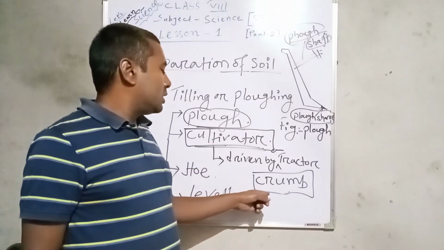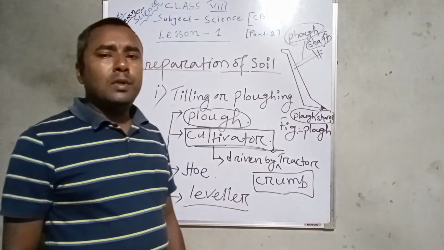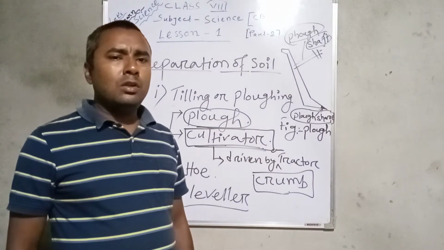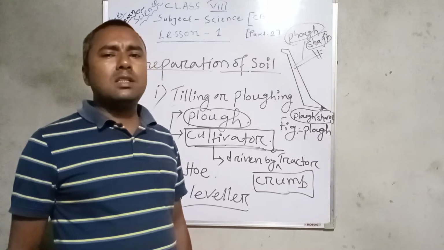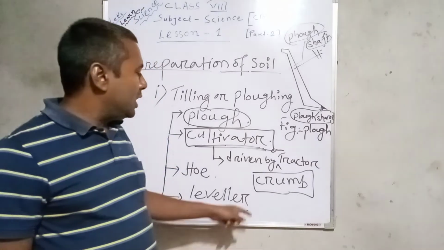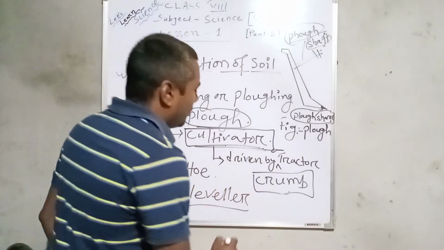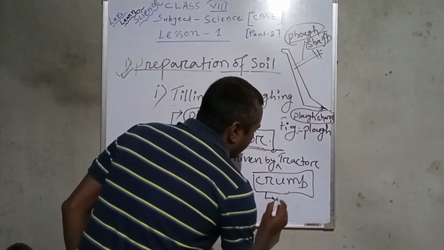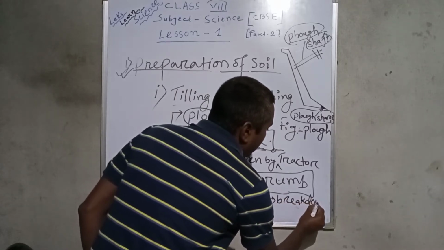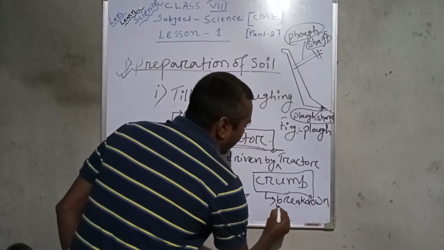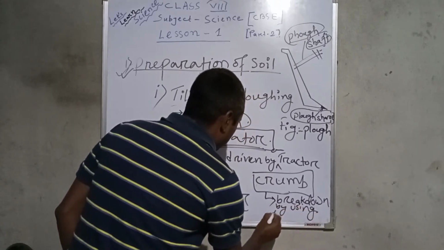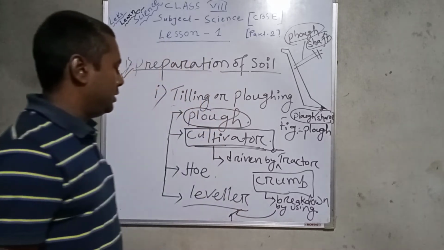Otherwise, these crumbs create problems while irrigating the agricultural field, as well as while sowing the seeds in the prepared soil. So these crumbs are broken down by using this device.